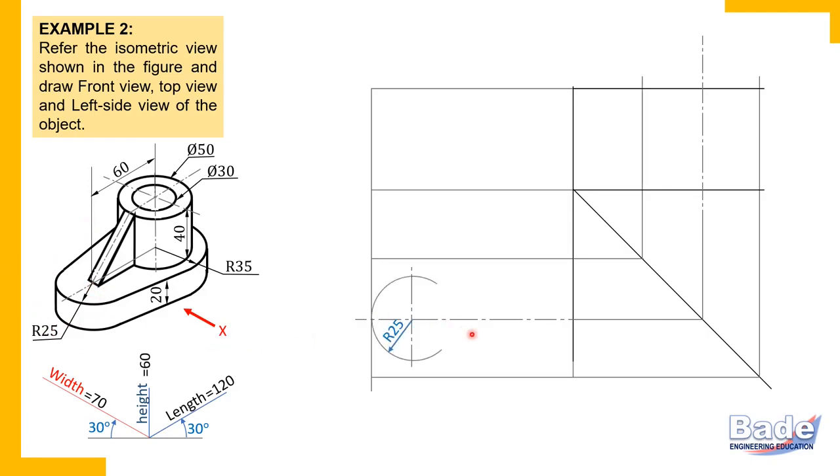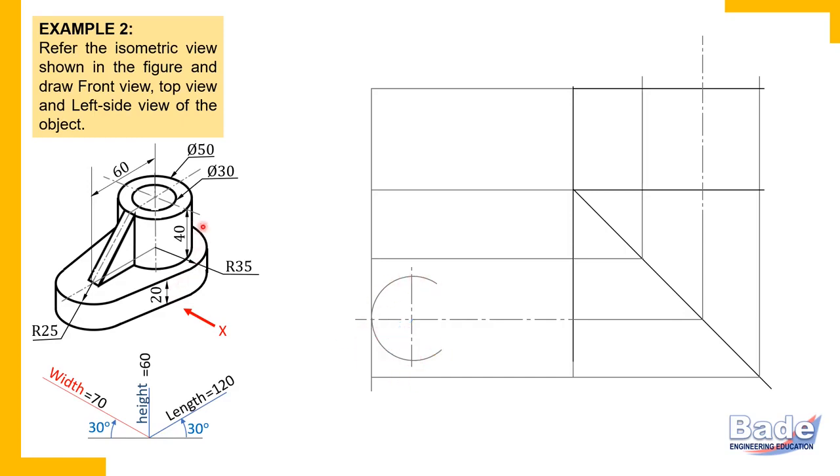So take that radius 25 and draw the curved edge. But wait, don't draw a complete circle, because this is not a complete circle. It is a portion of a circle of radius 25. How much portion of this circle is an edge of the shape? We are not sure about that. That is why don't make this curve dark at this stage.